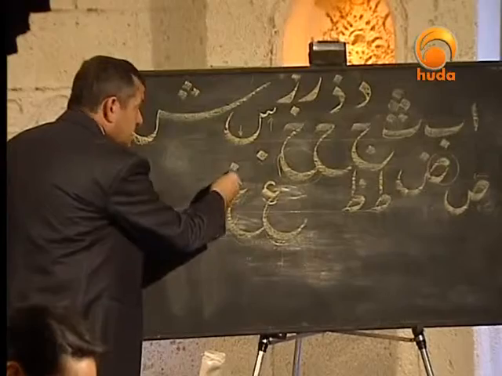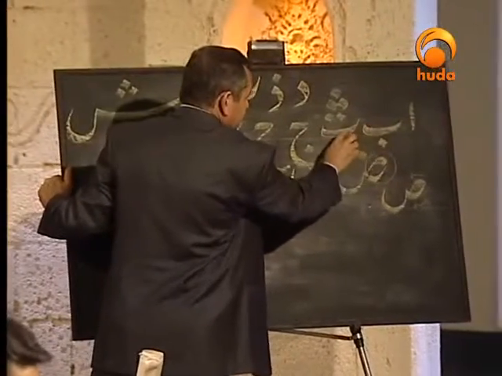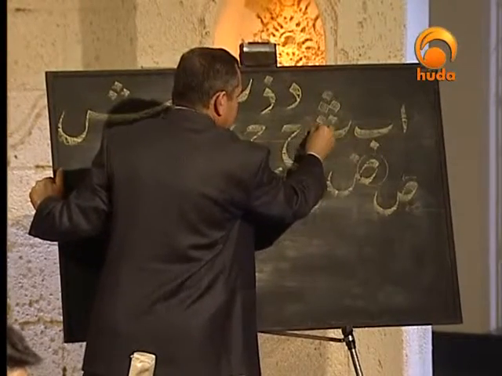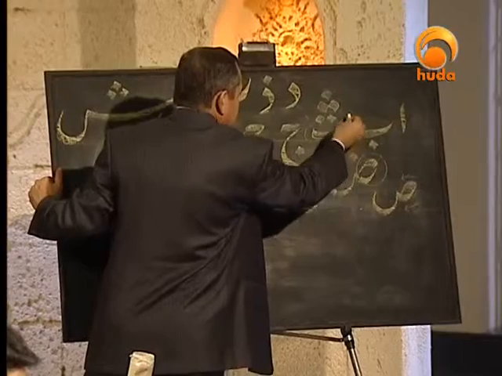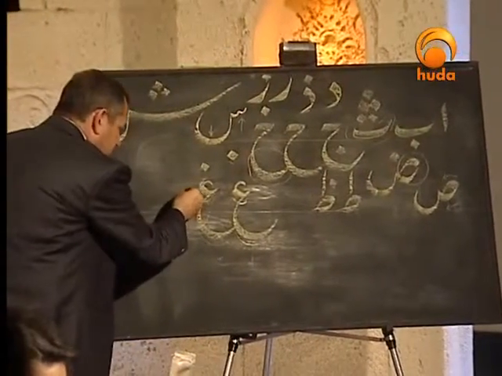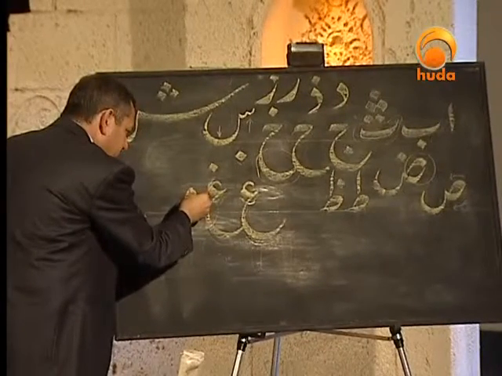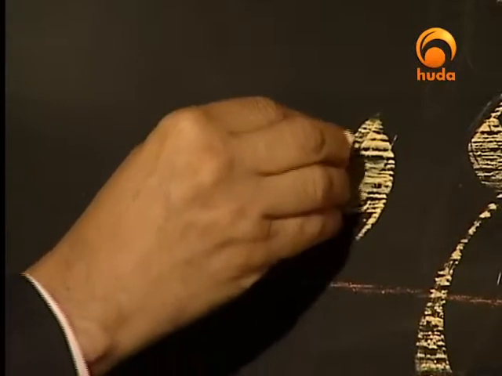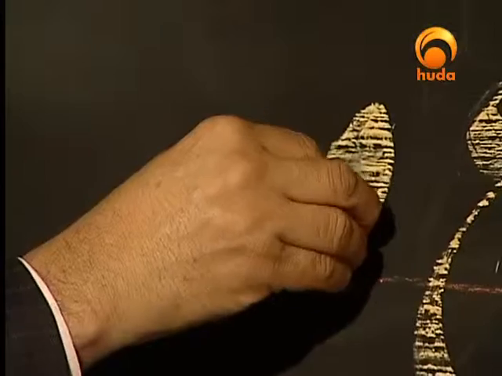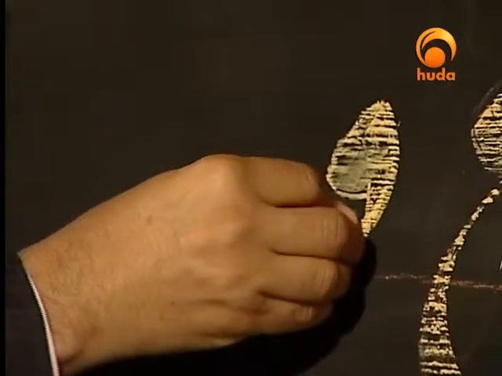Fa, we are going to take it like Ba or Ta or Tha, the same body, but with a little bit of change here, like the head of Waw. So this is the head of Waw, or beginning of Waw, and the body of Ba.